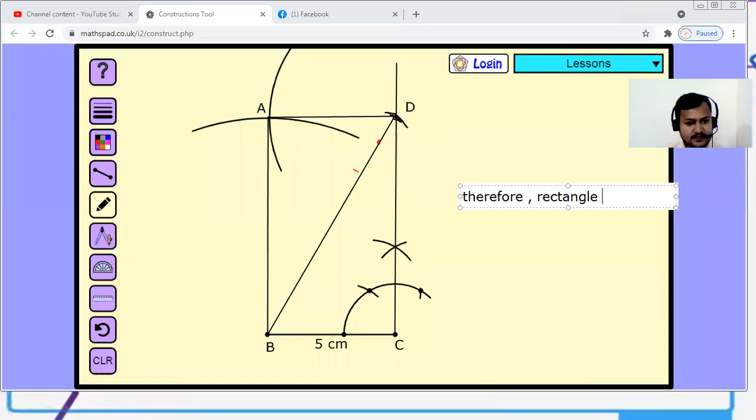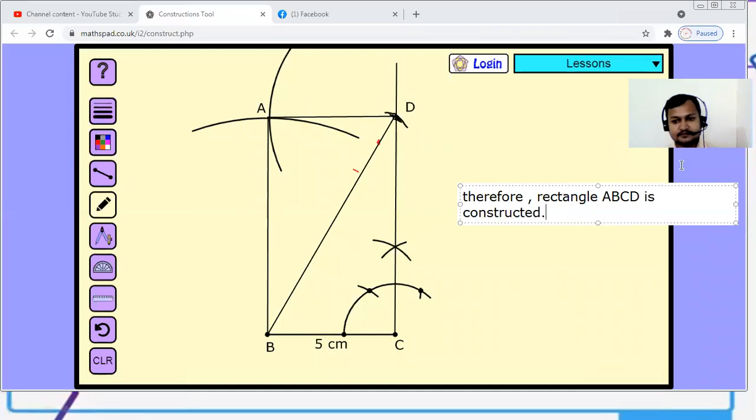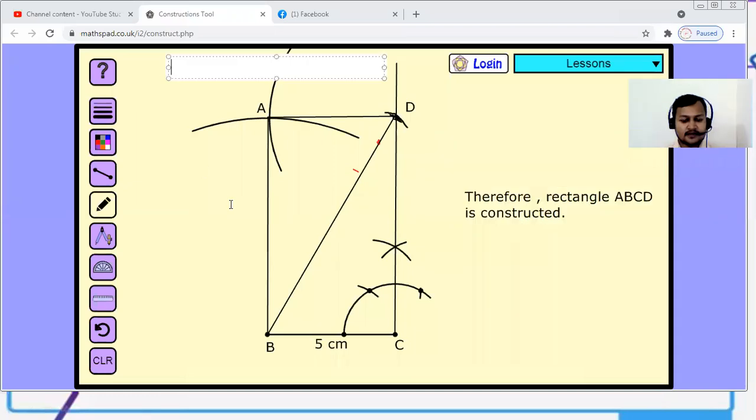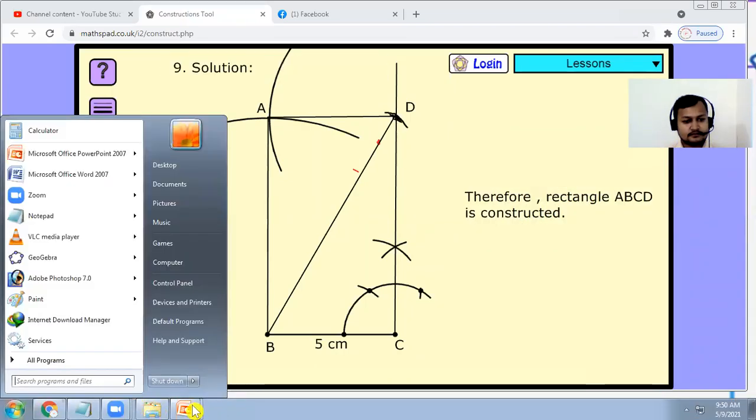So what we obtain here? Rectangle. What is the name of rectangle? ABCD. ABCD is constructed. This much we have to write at last. Rectangle ABCD is constructed. So this is question number 9 or 8? 8.